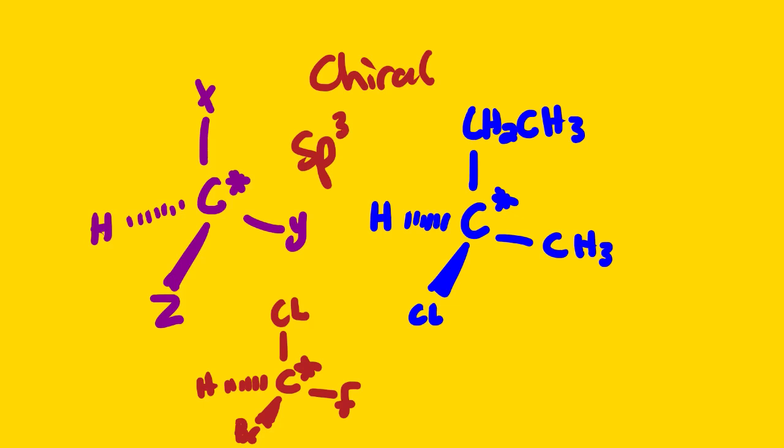If you have a carbon which does not have 4 different groups, let's say there are 2 different groups, 1 different group, or 3 different groups, you should know that those are actually achiral, which is the opposite of chiral.